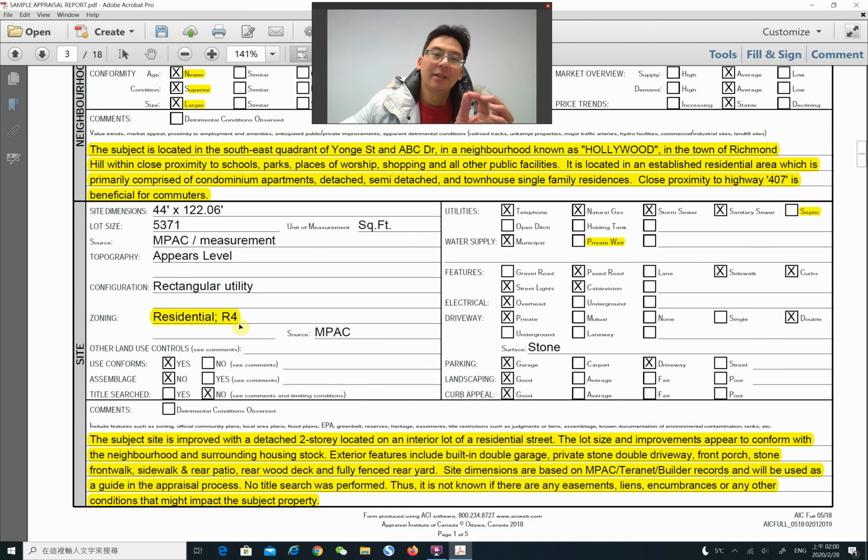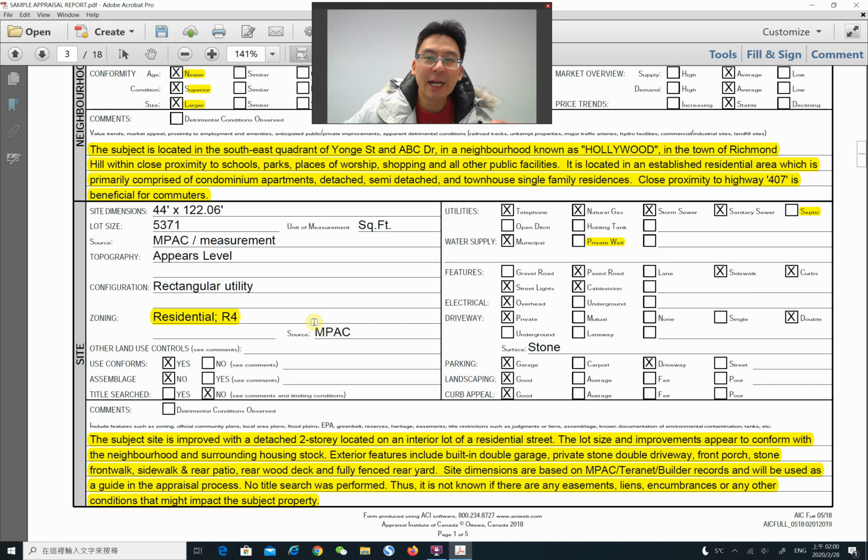Zoning. Most of the time you will see residential. But sometimes when you look at the property and it looks like a residential home, in some odd cases it is actually not residential, but maybe commercial, or even rural or farmland or agricultural.